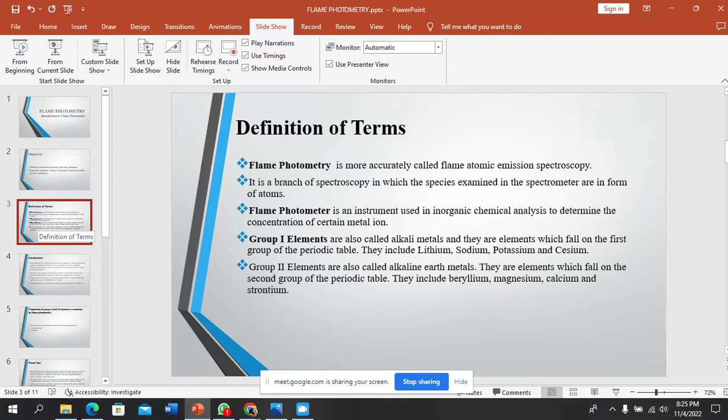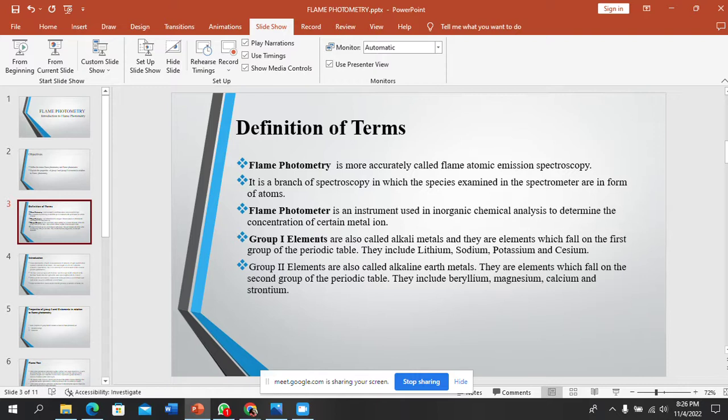This is a branch that uses a spectrometer. So that is correct, because flame photometry is all about atomic emission spectroscopy, and majorly flame photometry deals with emission spectroscopy.